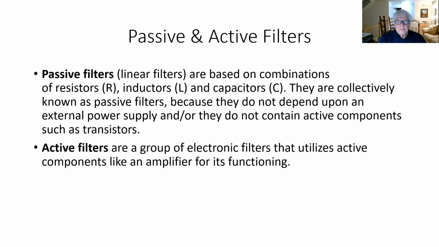Or we can talk about active filters, which use pretty much the same type of components, but with added components to do amplification. And basically, you can't amplify if you don't put extra power into it. So this is concerned with picking up a very weak small signal, and then we can filter it, and then we can amplify it using solid state devices.